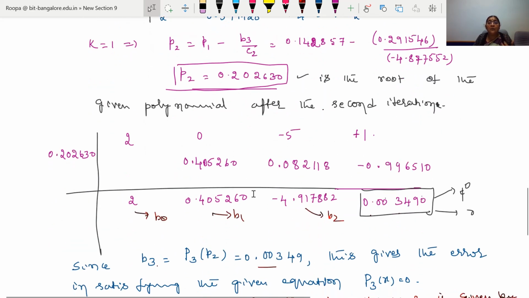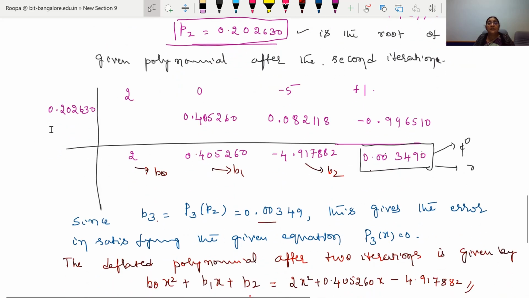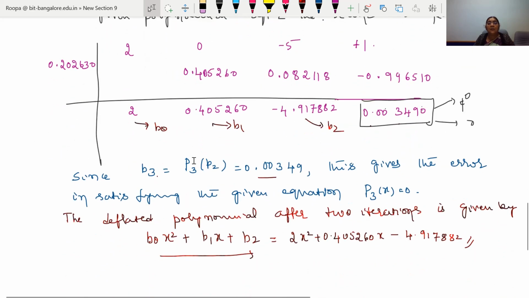Now, I want to find the deflected polynomial. Therefore, again I apply the synthetic division method based on this root. Suppose we get B3 as 0, then we say that this root is the exact root, but still there is an error. This much error means this is not an exact root, this is an approximate root. P3 is not 0, this much error you have.